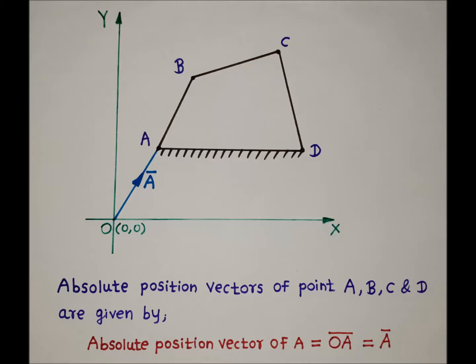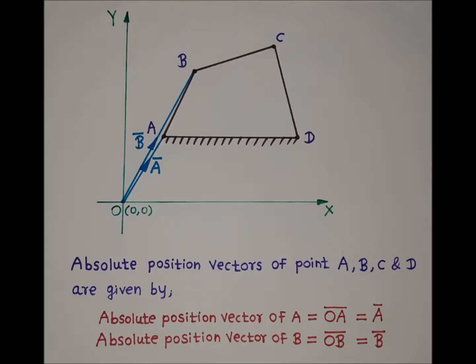Now we will go for the absolute position vector of point B. How can we go for it? Again, we should draw a line joining point B and origin.